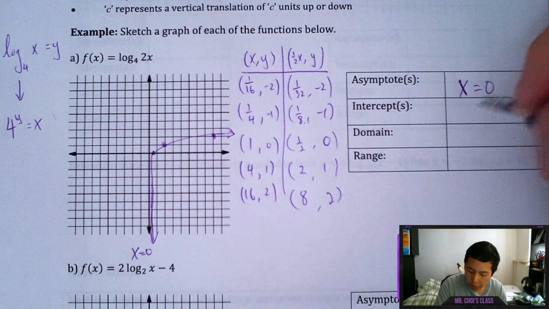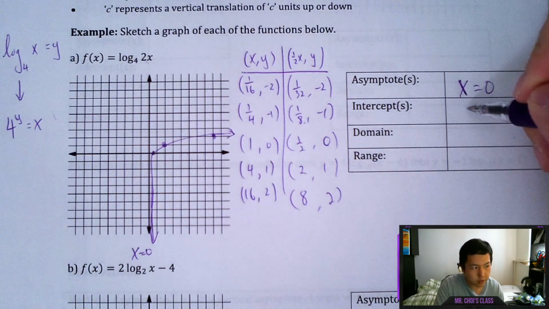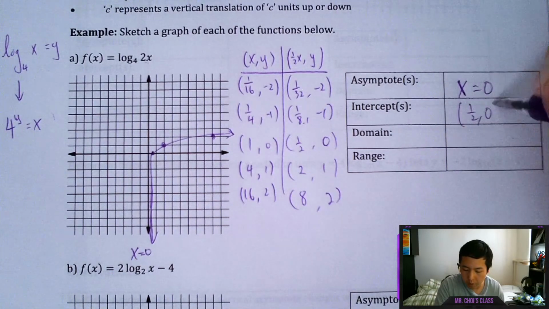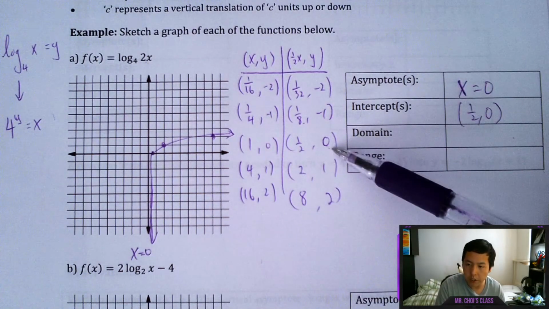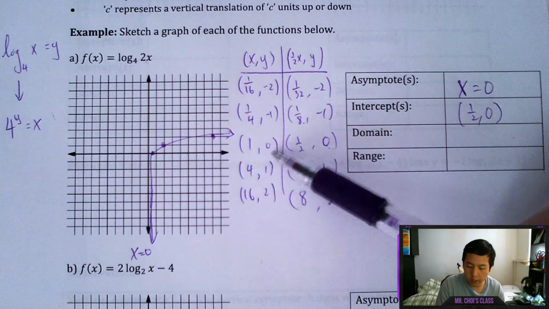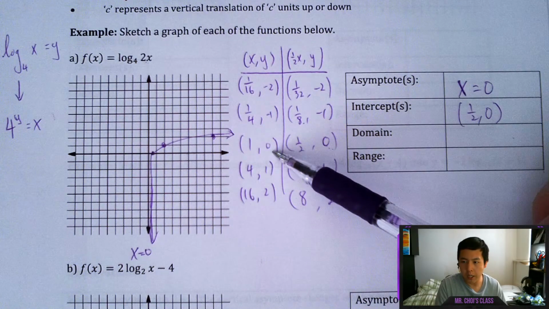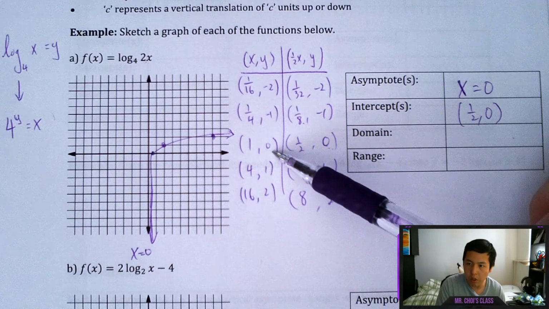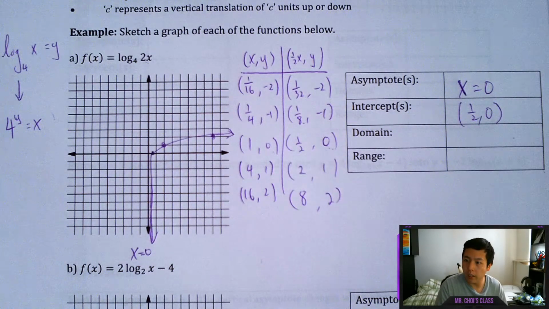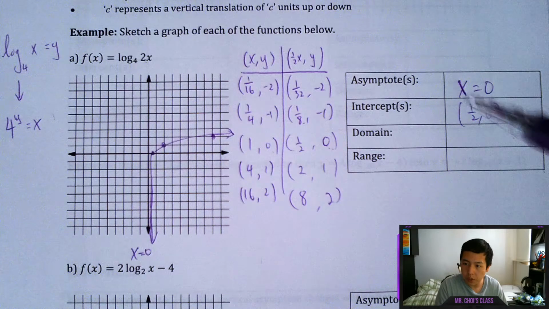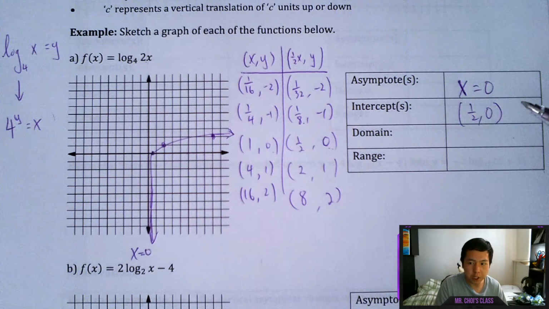We do have an x-intercept, and it is going to be (1/2, 0), which is our point right here. Normally, all logarithmic functions of different bases will have an x-intercept of (1, 0), but depending on compressions and shifts, that intercept point may change, and there's our change.